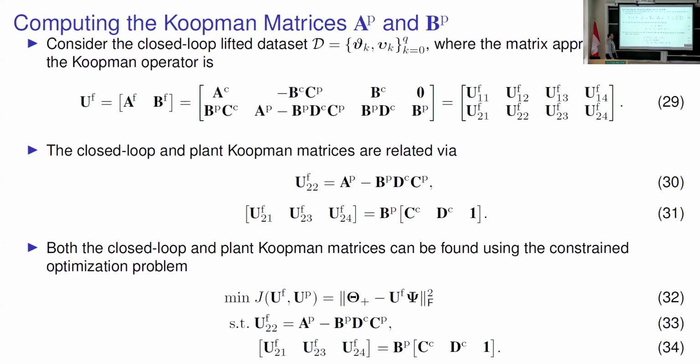But we have some constraints, so we have to explicitly enforce this constraint, because BP shows up in a bunch of spots, and BP and AP are coupled through that U22 term. So we have a constraint here, okay? All right, so that's what we do.